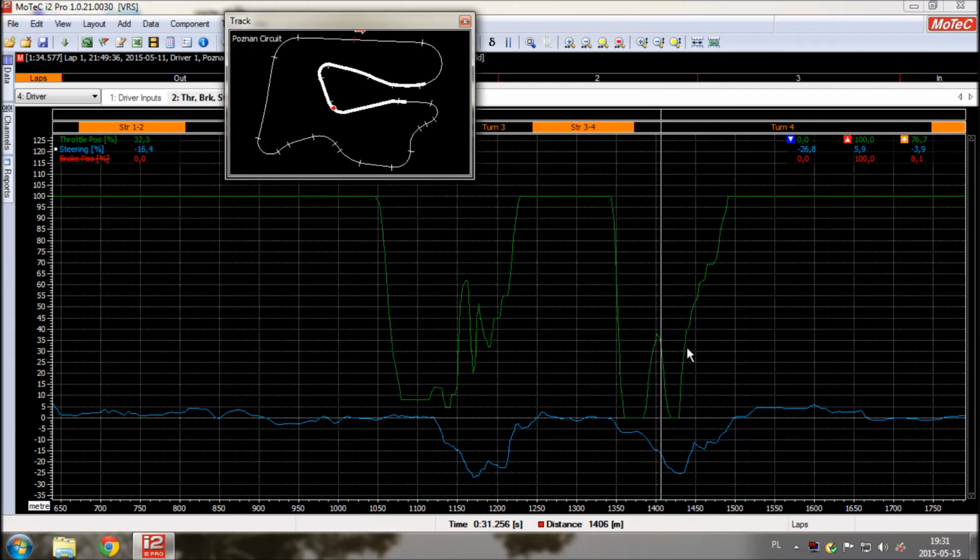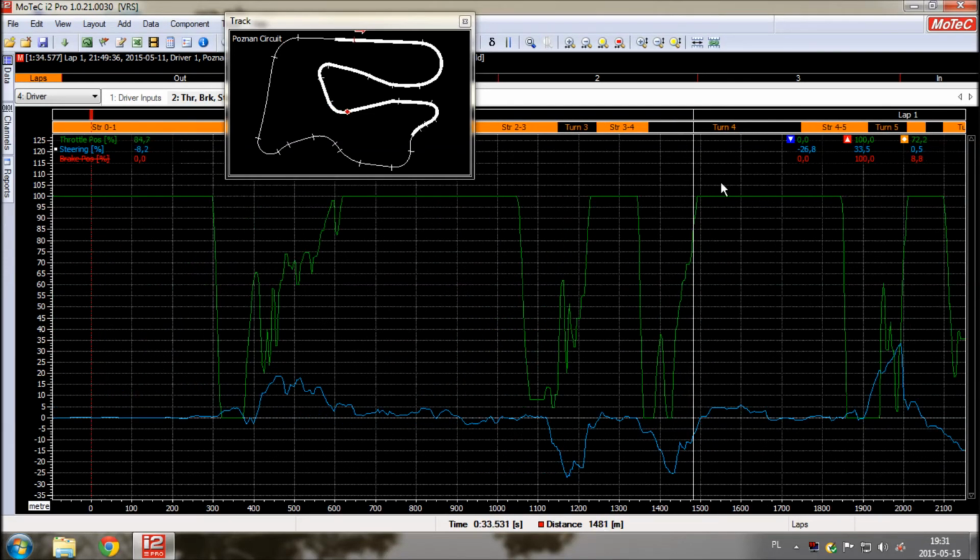The throttle application here is very, very good. You can see that he doesn't use the throttle at all, and then perfect application up to 100%. Very, very good throttle application, of course, without this little summit here.